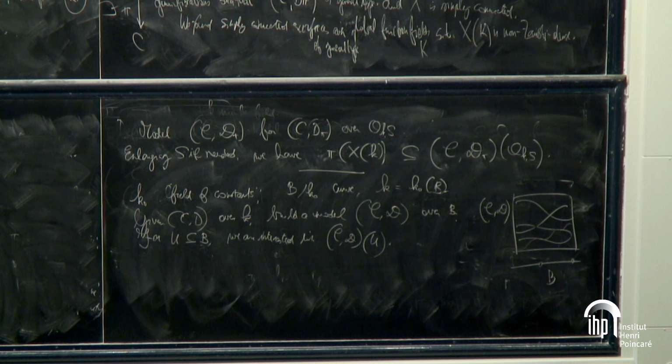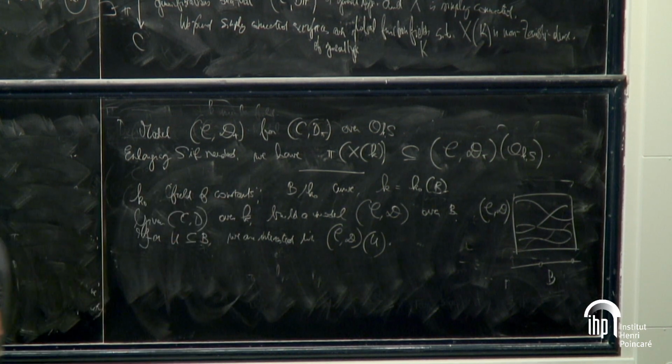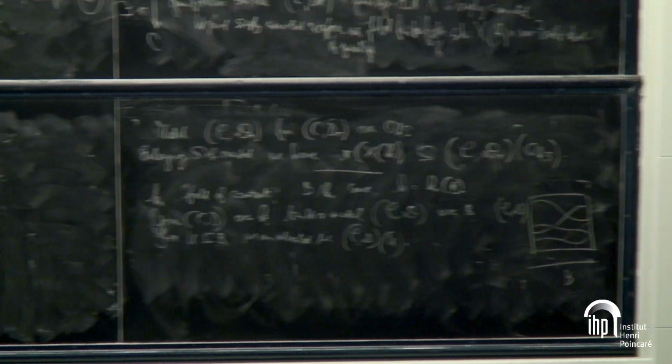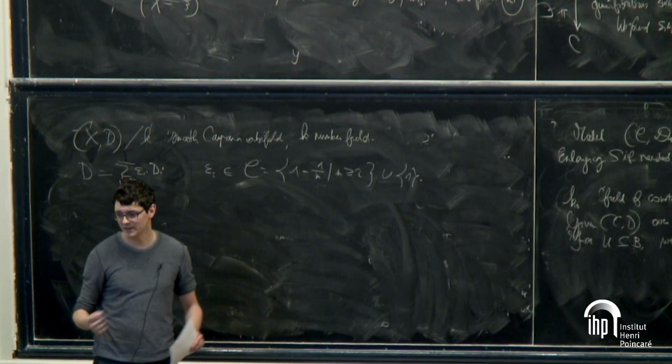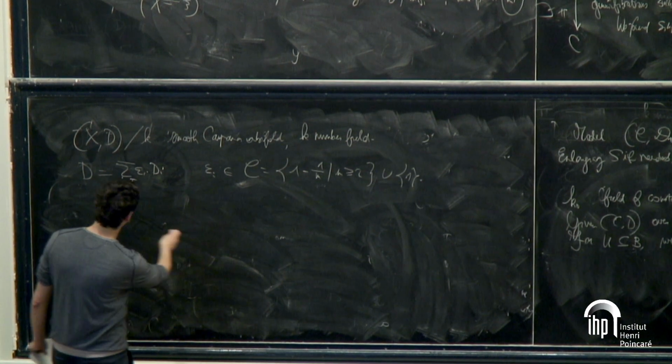And then the question is, what are Campana points on these higher dimensional pairs? What changes if you go from dimension 1 to dimension 2 is that the divisor D will now have a singular locus in general, and it's not completely clear how to define Campana points, in particular the behavior with respect to the singularities of the boundary.